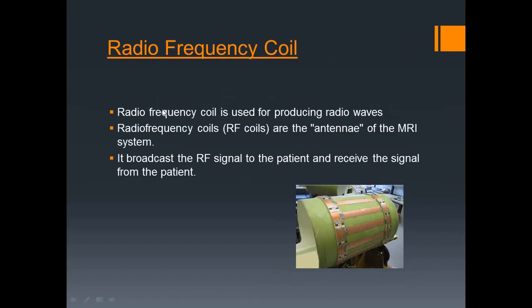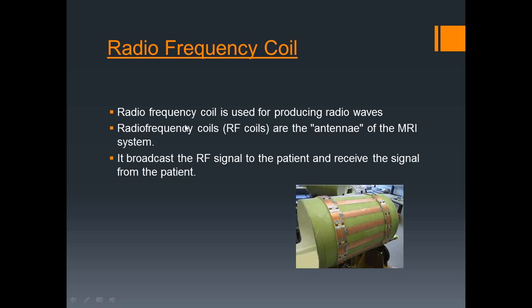Radio frequency coil. Radio frequency coil is another component of the MRI machine. So let's see what it says. Radio frequency coil is used for producing radio waves. RF coils are the antenna of the MRI system. It broadcasts the RF signal to the patient and receives the signal from the patient. So from the definition, we learned that MRI uses radio waves.